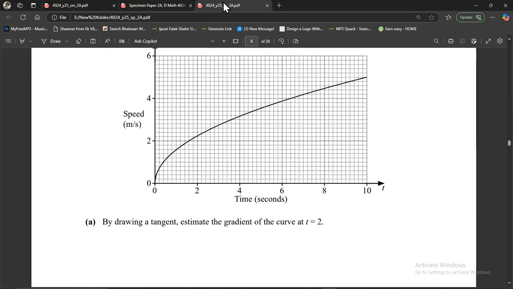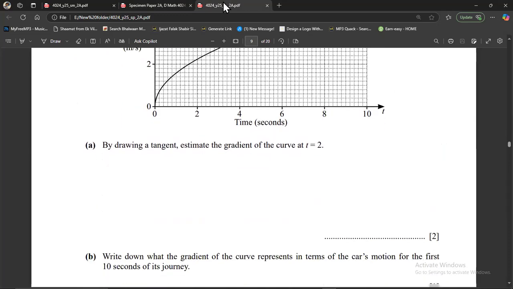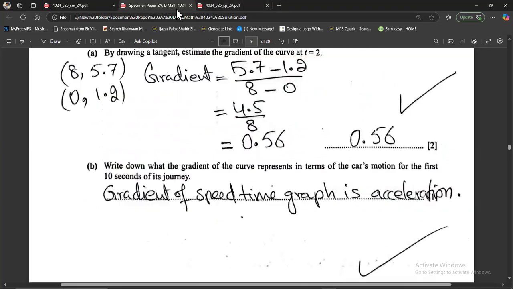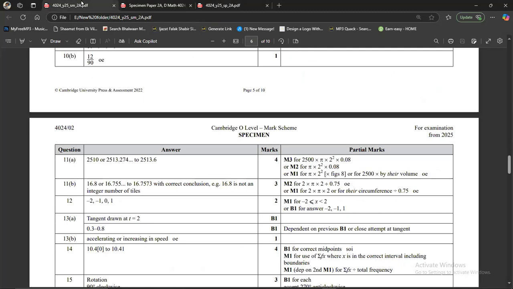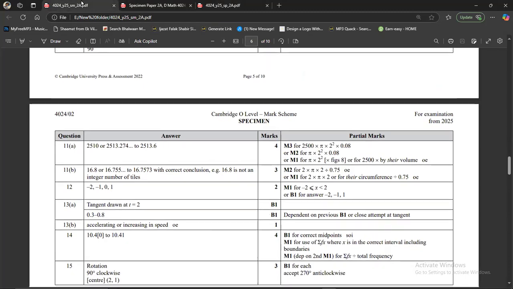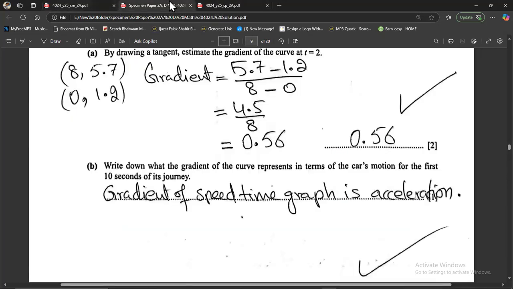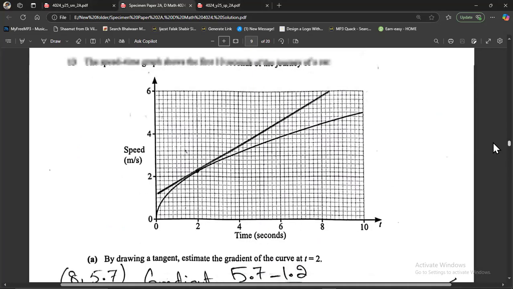So the gradient of the speed time graph is equal to the acceleration. And if you look at this, it is accelerating, and because this is positive, that means the speed is increasing.